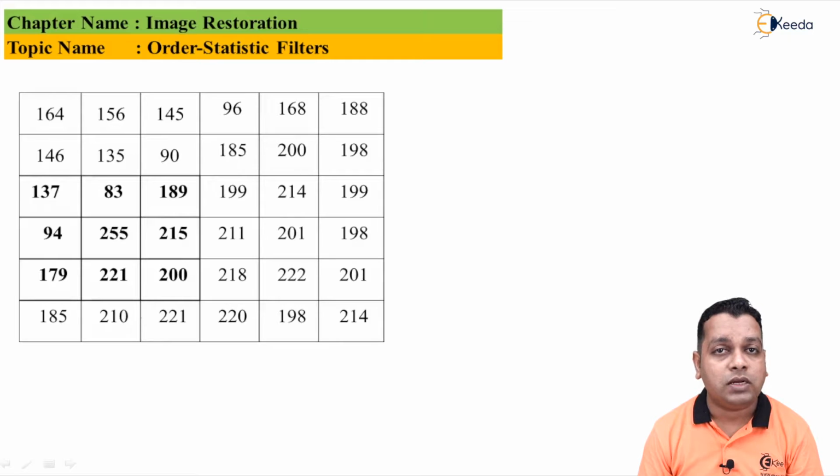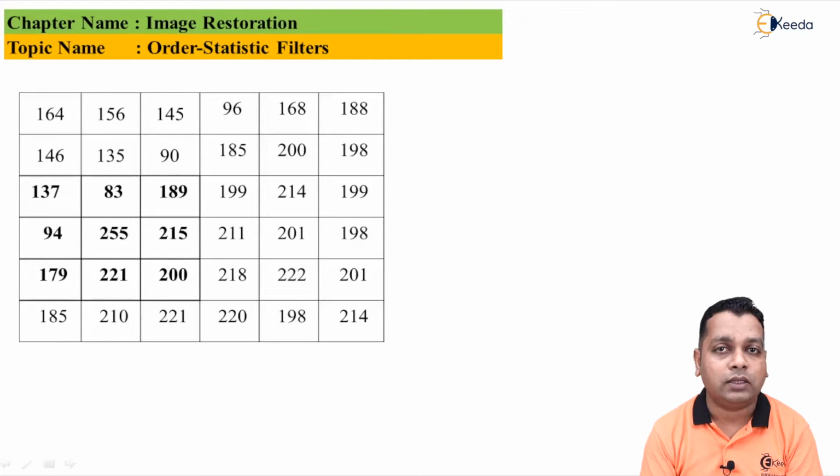We have 137, 83, 189 in the first row, 94, 255, 215 in the second row, and in the next row we have 179, 221, and at last 200. See here, this selected dimension is centered at the selected value 255.